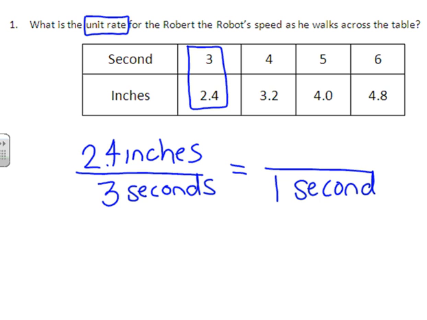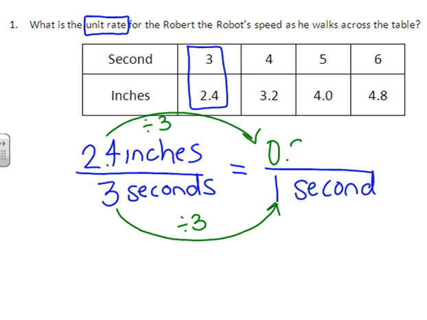Unit rates always have a denominator of 1. So I'm going to divide 3 divided by 3 to get 1. 2.4 divided by 3 is going to give me 0.8 inches. In order to have a unit rate, you have to have all 4 parts.